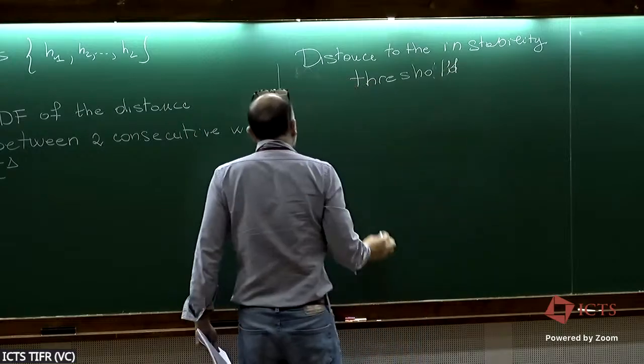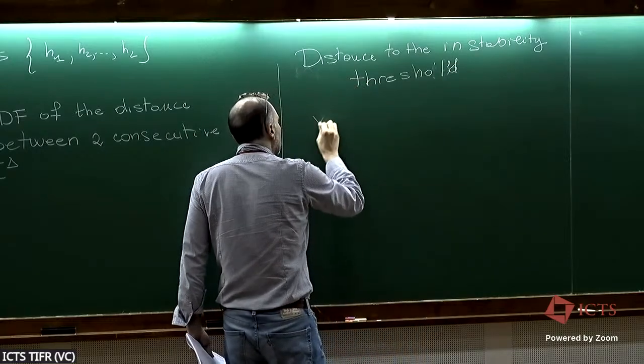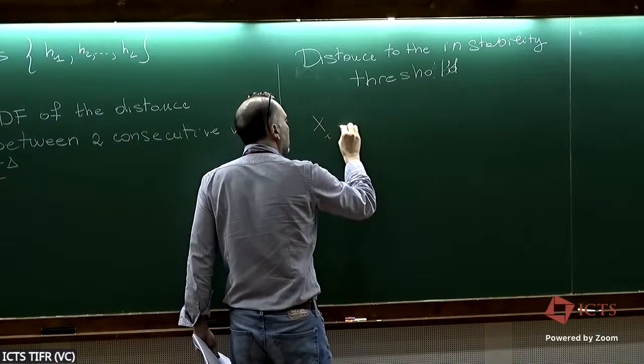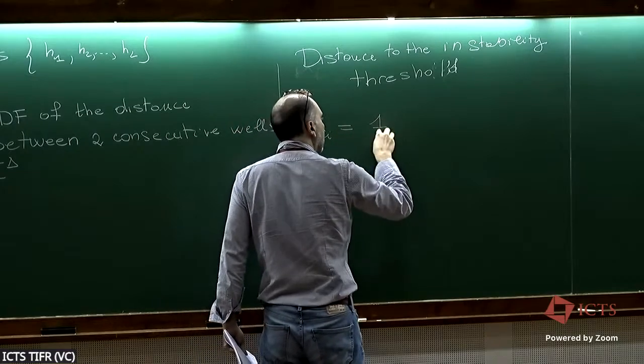So for block i, it will be xi. The threshold is 1.